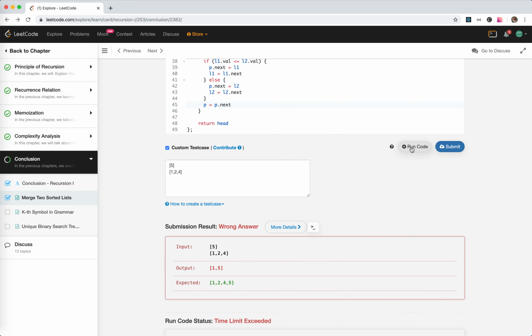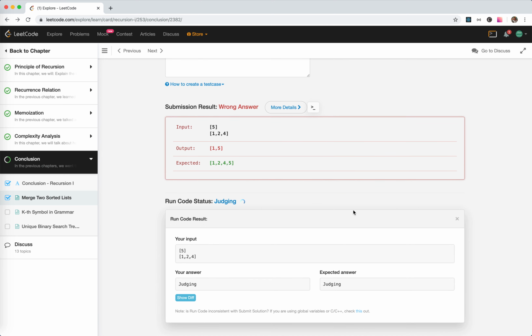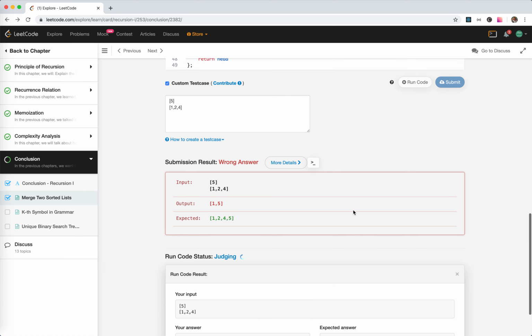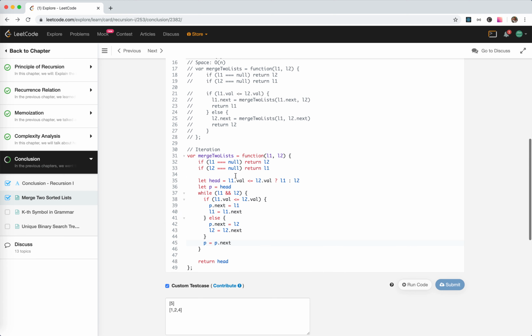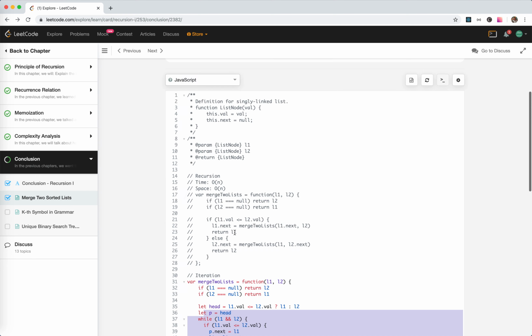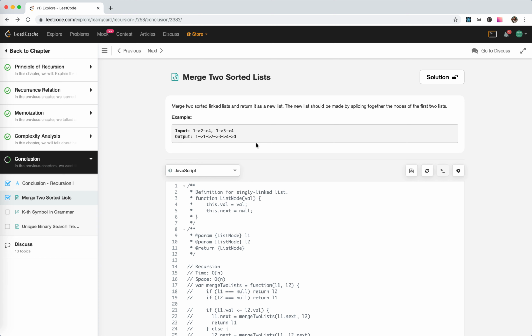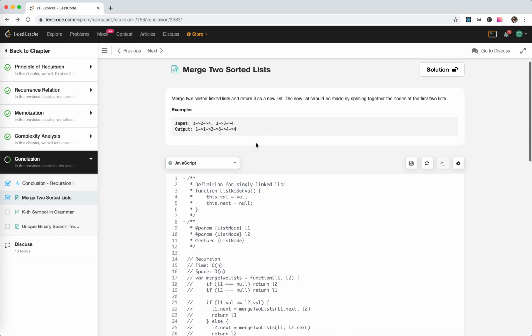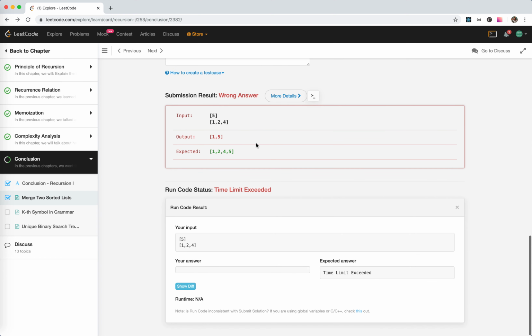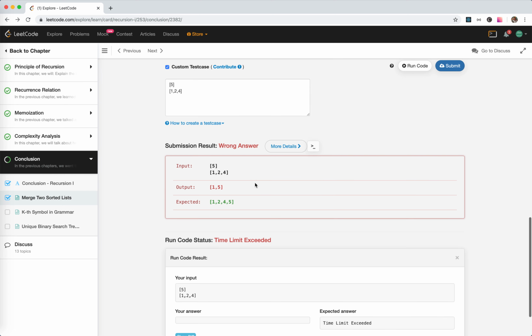Something is wrong. Yeah, I should pay more attention when manipulating linked lists. Huh?